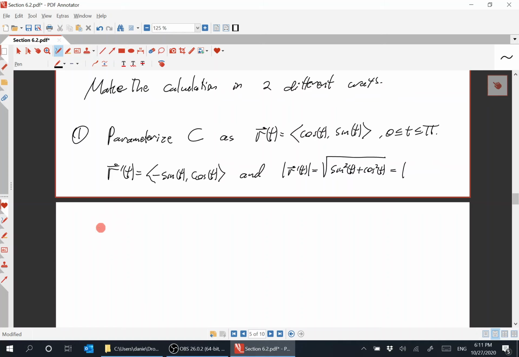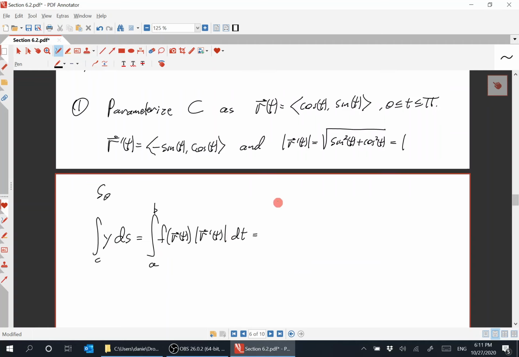So the line integral over C of y ds is equal to, let's write it out, the integral from a to b of f of r of t times the length of r prime of t dt. This is the integral not mentioning r. Here's the integral mentioning r.